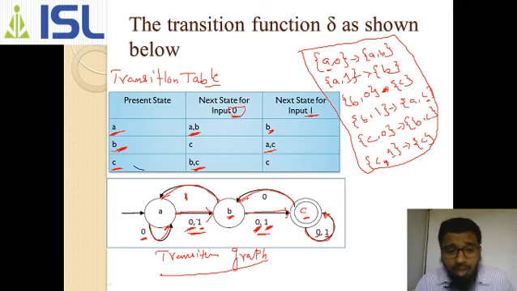But in DFA we get only a single label. Here we are getting two labels. It takes any combination you want and gives the result. So this is an NDFA.